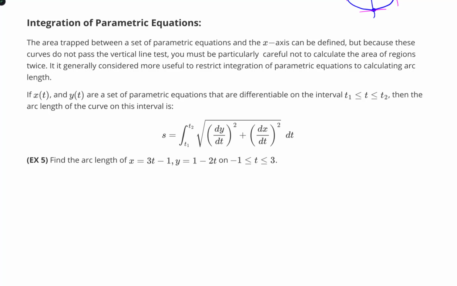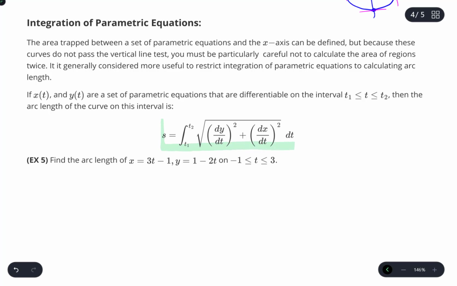It seems to make more sense, however, to generally integrate in terms of finding arc length. All right, so if we want to find the arc length of a set of parametric equations, we have a formula just like this, which we actually developed early on in the class when we were talking about arc length of functions.